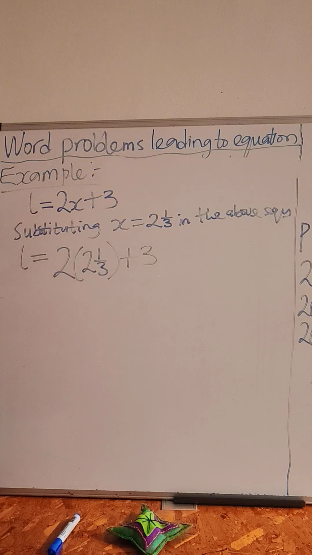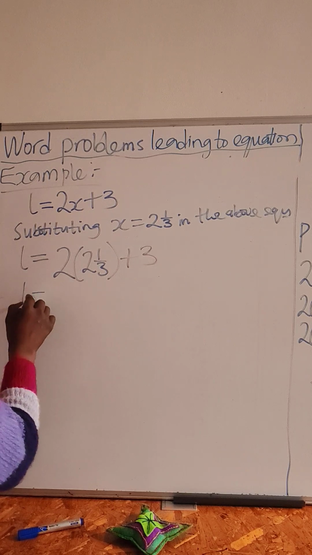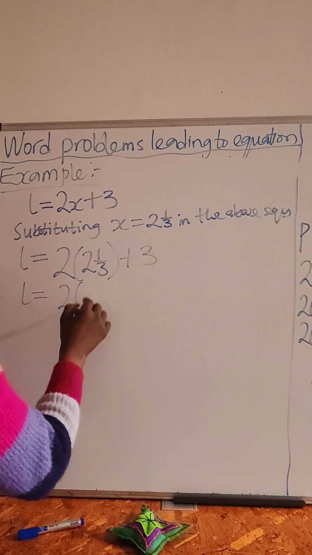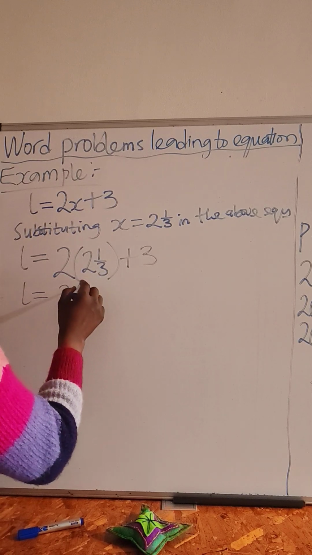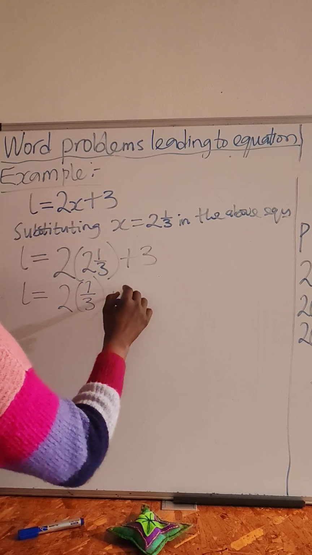Okay, so this time around we can open the bracket so that we can get the exact value for L. Opening the bracket, I want us to change this one to an improper fraction, which will be 7 divided by 3 plus 3.